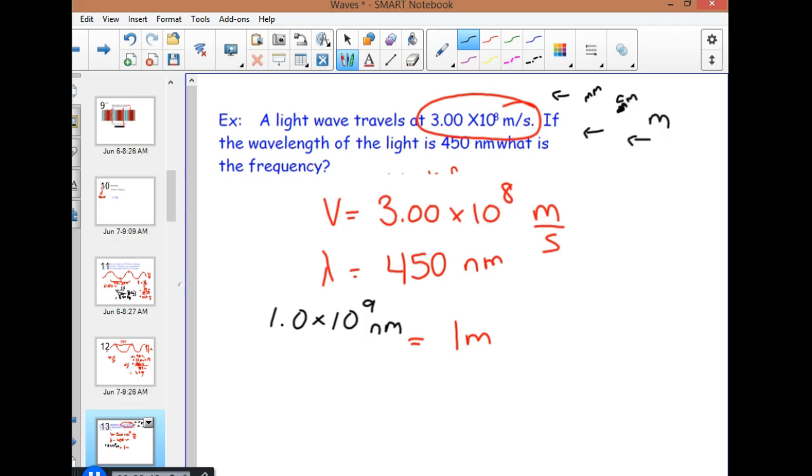You need to convert 450 nanometers to meters.